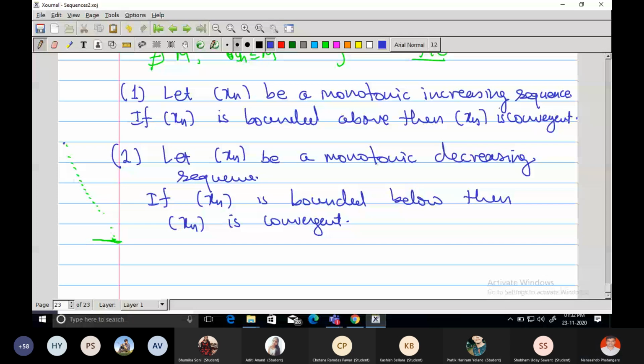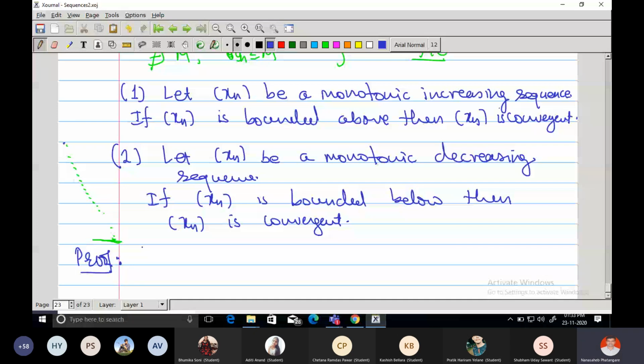So how to prove this? Okay, we'll discuss the proof later on. We'll first see the examples, because the proof needs some more ideas.